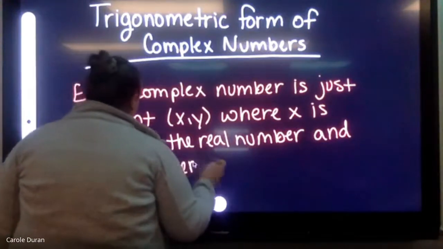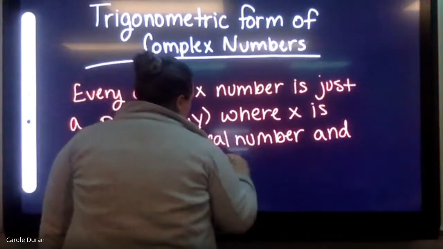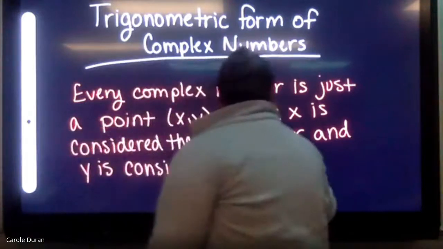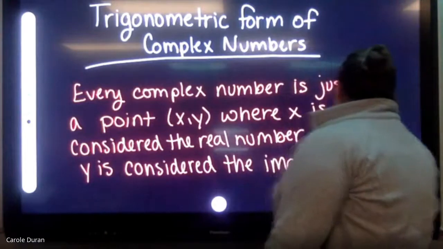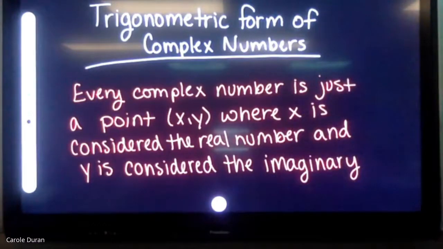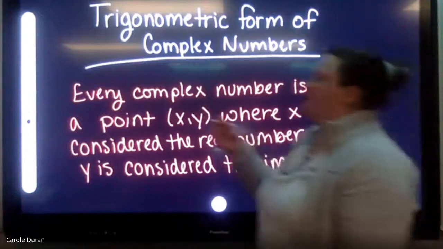So any xy pair can be rewritten as an imaginary number or a complex number, I apologize, by simply separating the values and putting an i with whatever your y coordinate was.